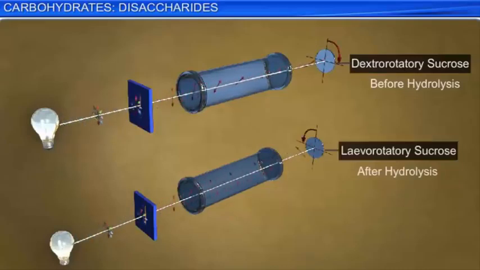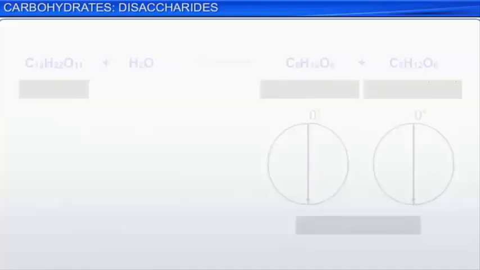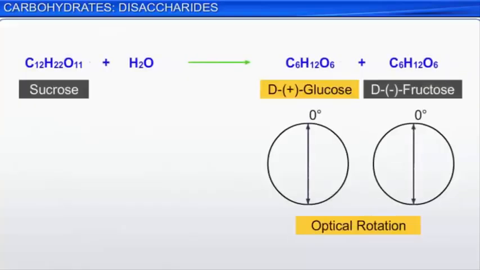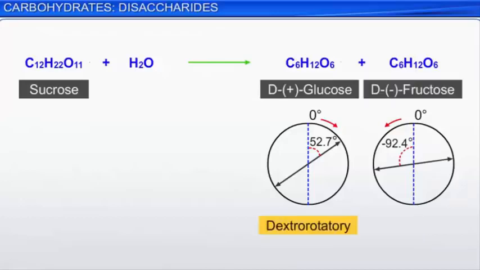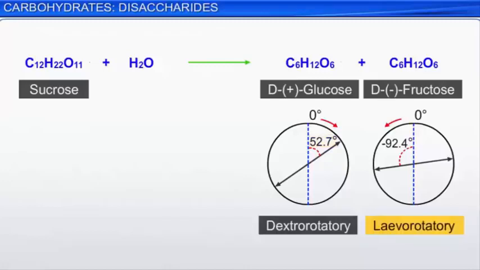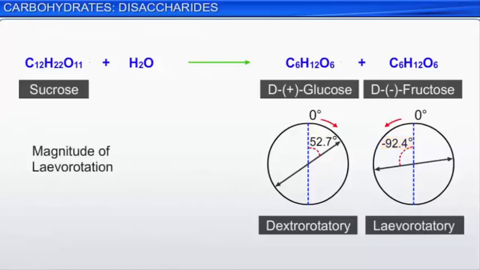The optical rotation of D-glucose is found to be +52.7 degrees, and that of D-fructose is −92.4 degrees. That is, D-glucose is dextrorotatory with an optical rotation of 52.7 degrees, while D-fructose is levorotatory with an optical rotation of 92.4 degrees. As the magnitude of levorotation of fructose is greater than the magnitude of dextrorotation of glucose, the mixture obtained by the hydrolysis of sucrose is levorotatory.